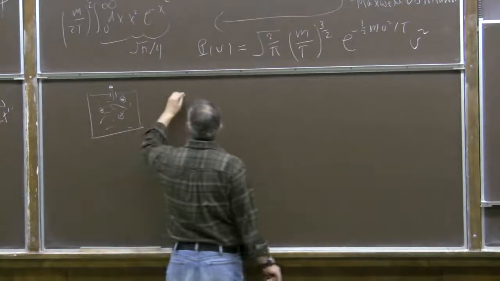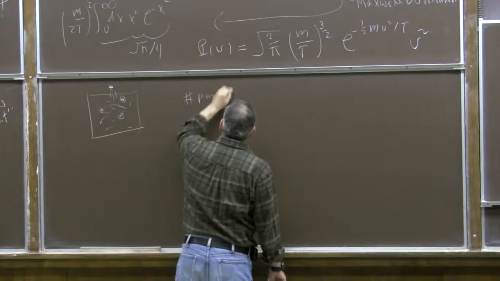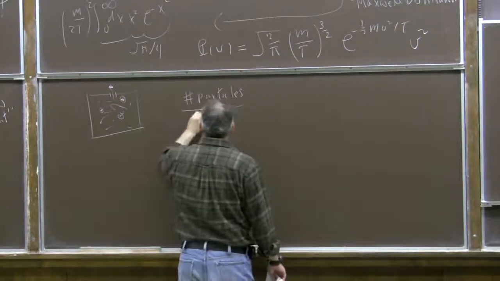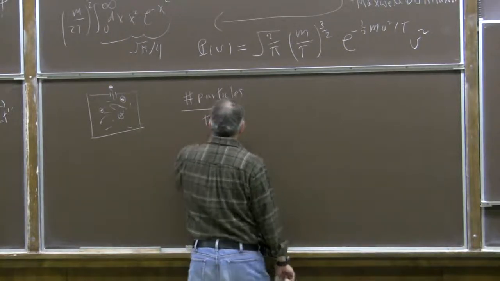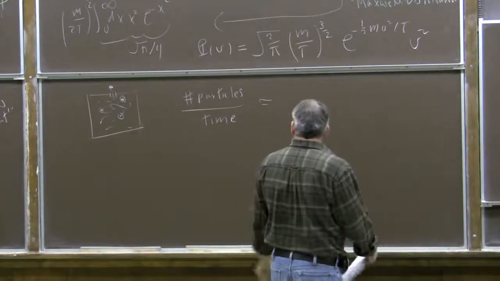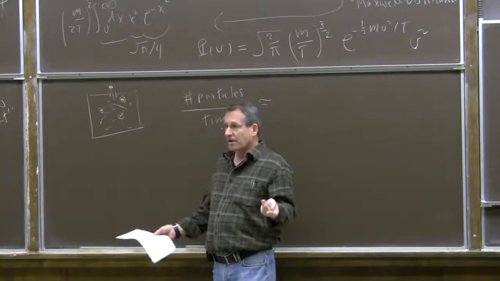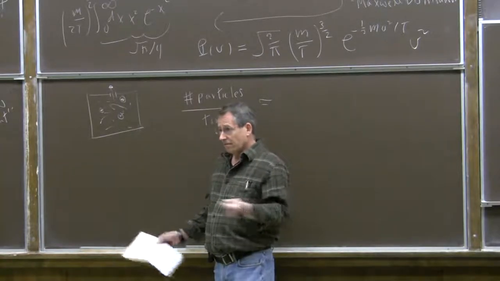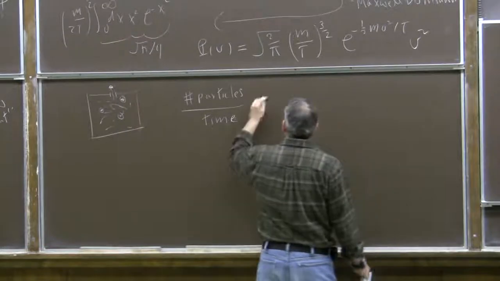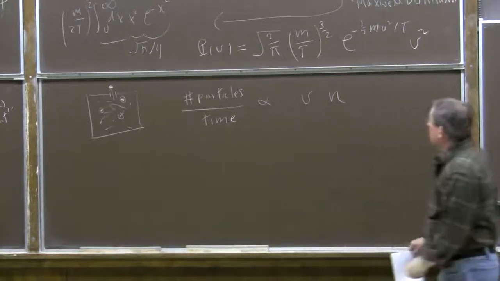Because the number of particles coming out per unit time is going to go like a density of particles times a factor of velocity. Okay? So it's going to be proportional to v times density.